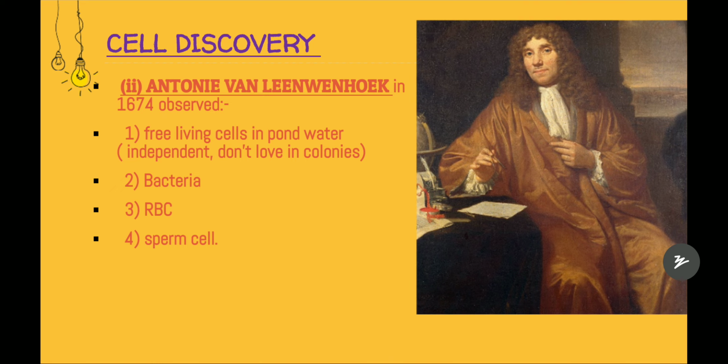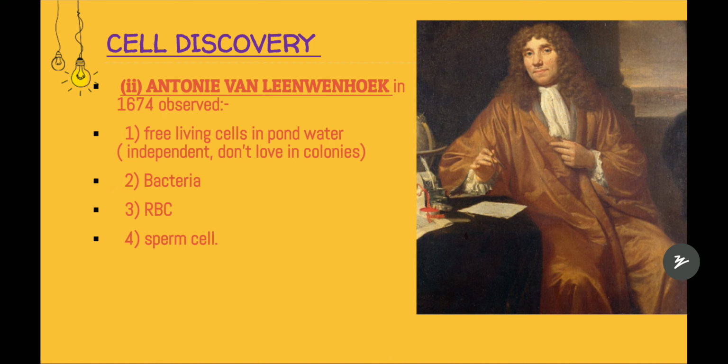What is RBC? RBC is red blood cells, and we've learned in earlier classes that RBC contains hemoglobin, right? And we also learned about the sperm cell in the 8th class, produced by the testis, the male reproductive organ. So what did Antony van Leeuwenhoek observe in 1674?